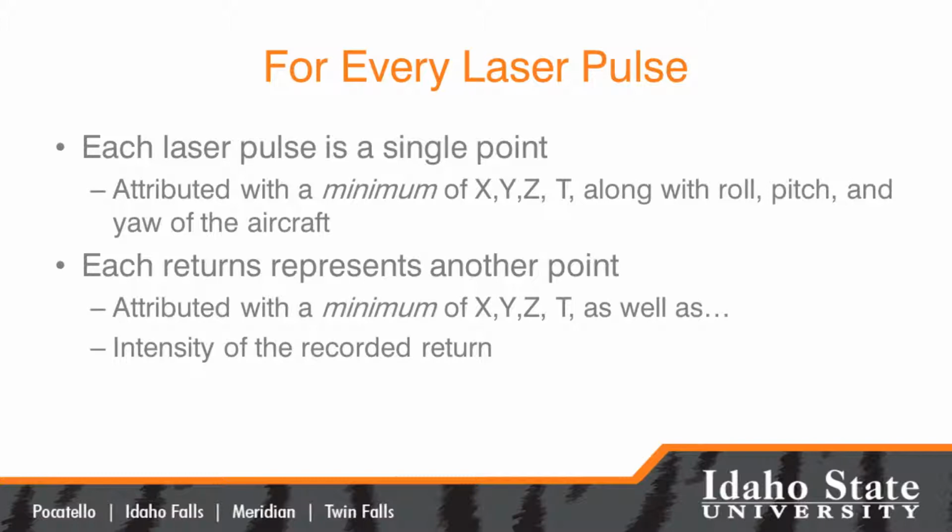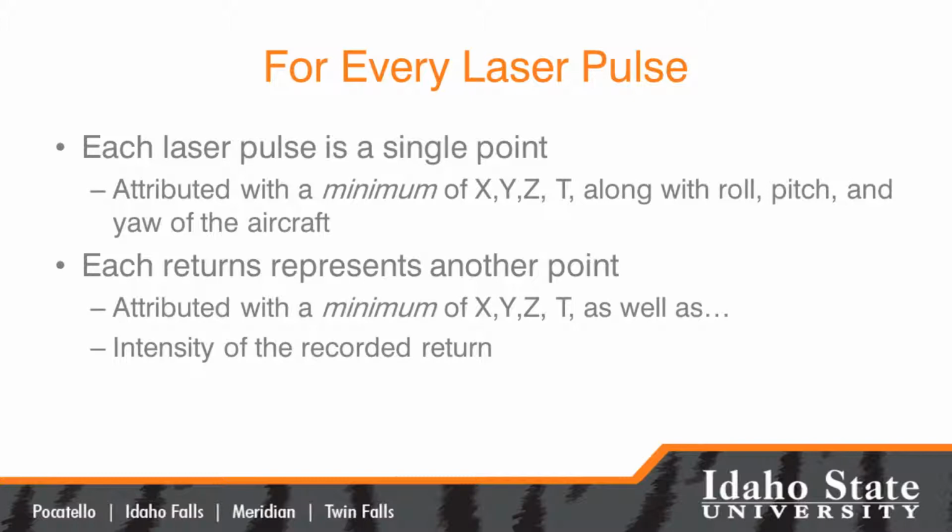That point is attributed with a minimum of the X location, the Y location, those coordinates, the Z of that point, along with T, time, as well as roll, pitch, and yaw of the aircraft. Each return represents yet another point. A laser pulse is emitted, and then there are returns that come back, and that's what we're really interested in when we're working with LIDAR data.